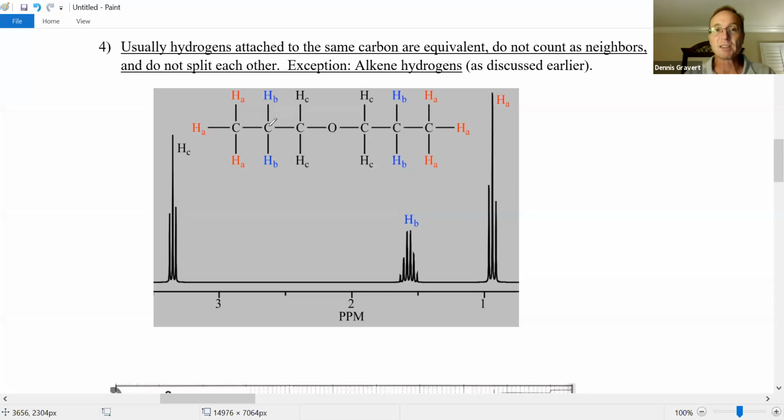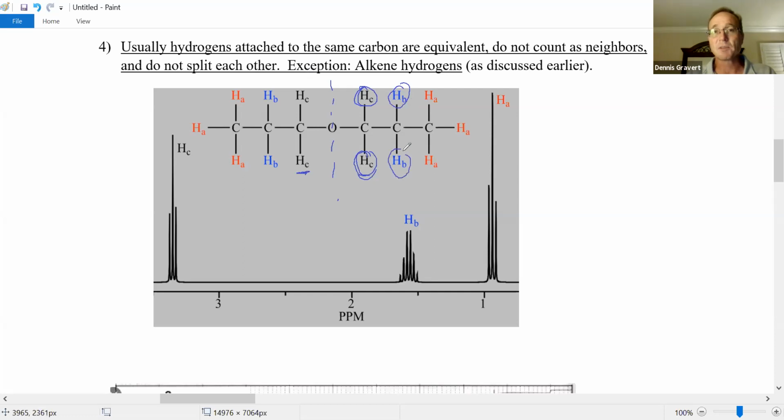There's a propyl group on the left, propyl group on the right. There's a nice clean symmetry down the middle. So these hydrogens are equivalent to that hydrogen. This top one is equivalent to that one because they're attached to the same carbon. There's also a big plane of symmetry running horizontally here too, that helps. But more to the fact that these 2 H's are attached to the same carbon, that helps make them equivalent.